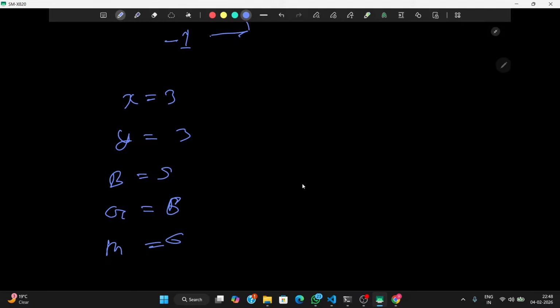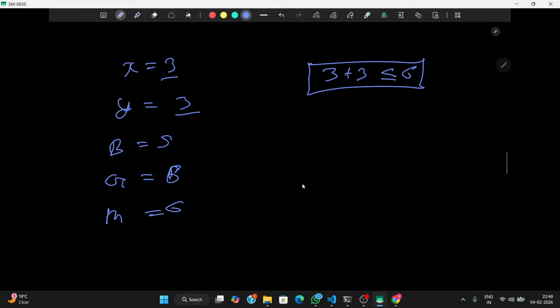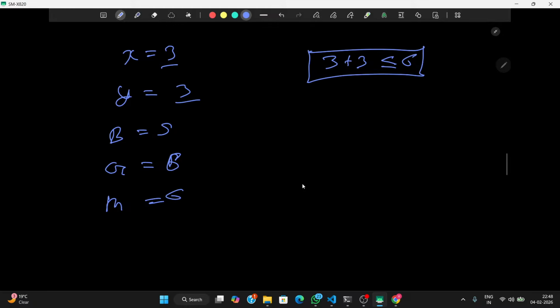So first of all, in every room, there should be at least three boys and three girls. So at least six people should be there in all of the rooms that are accommodated. And this sum should be less than or equal to n, which is true here. 3 plus 3 is less than or equal to 6. This condition is true, so the answer is not instantly minus 1. Now we will check further.